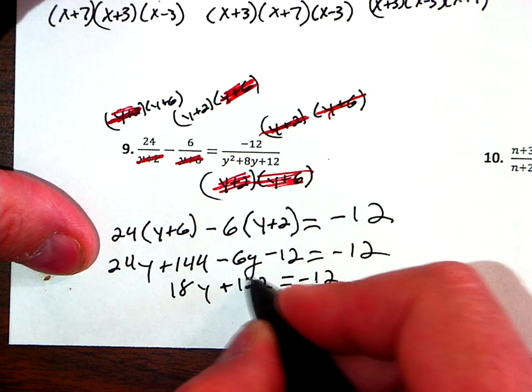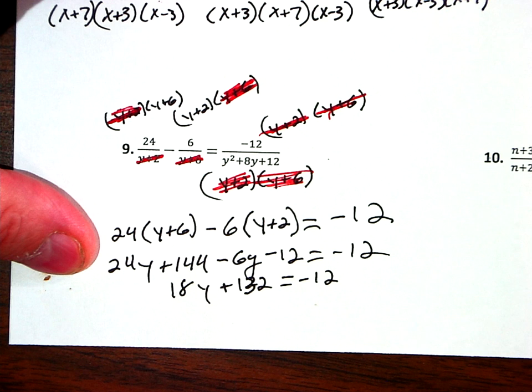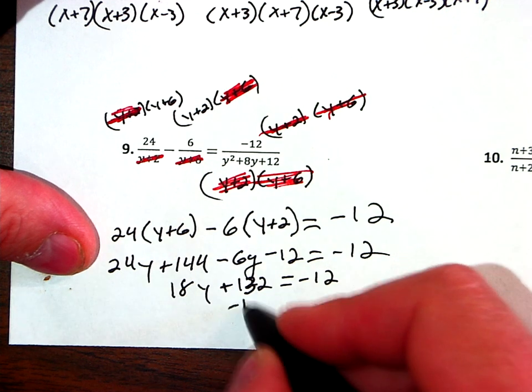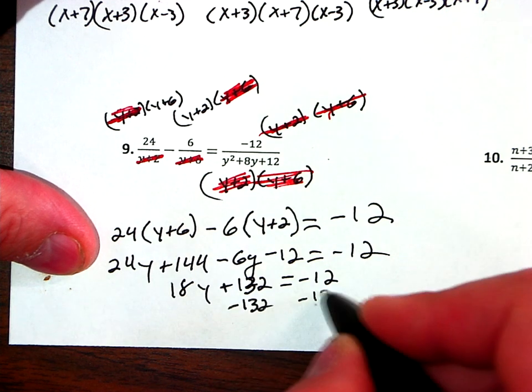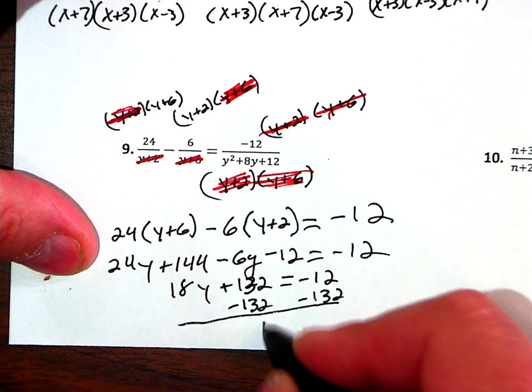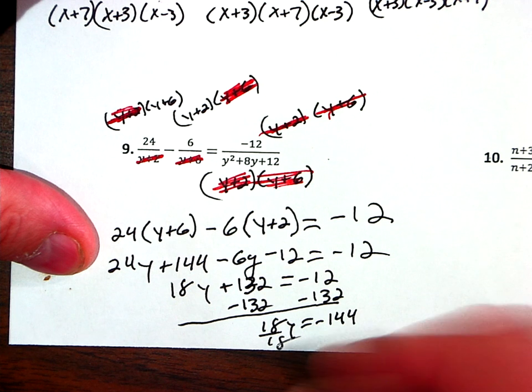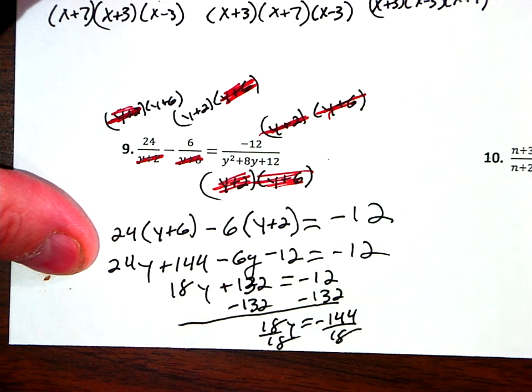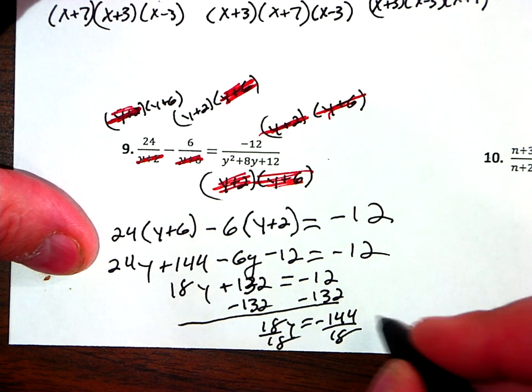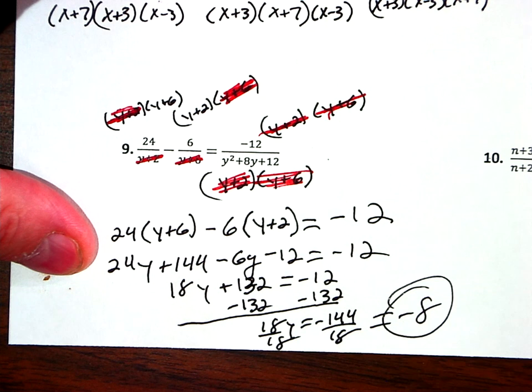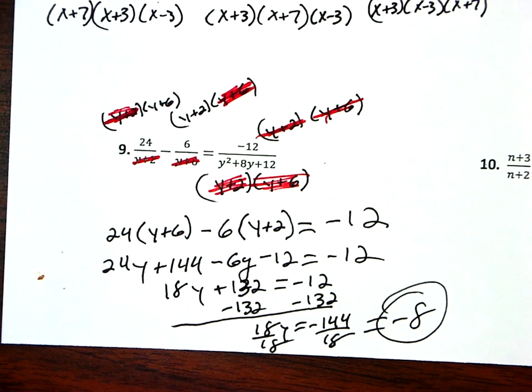Oh, 132, thank you. All right, so minus 132 on both sides. 18y equals negative 144. So negative 144 divided by 18 is negative 8. That is it. You just solve for y.